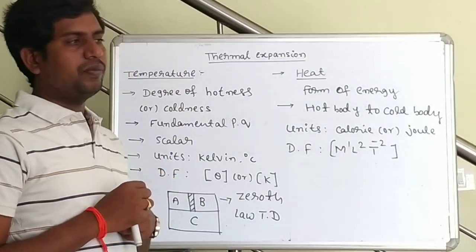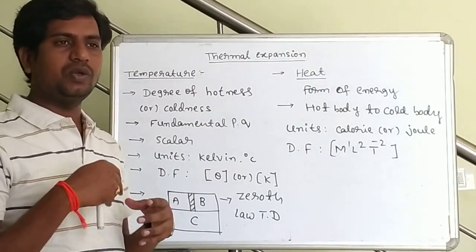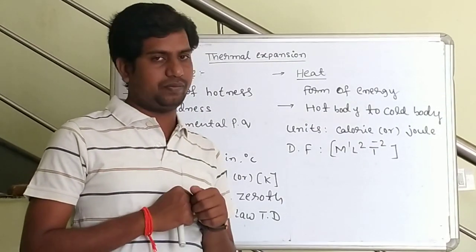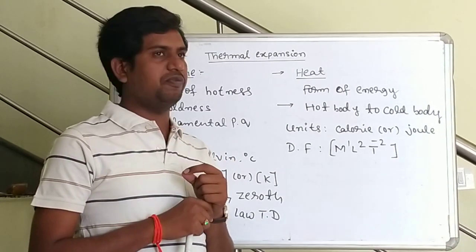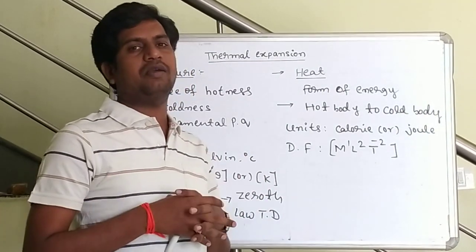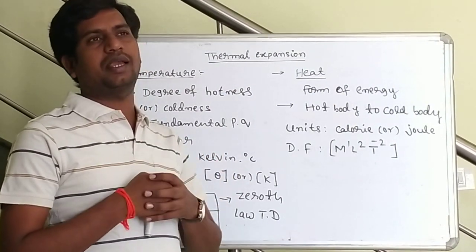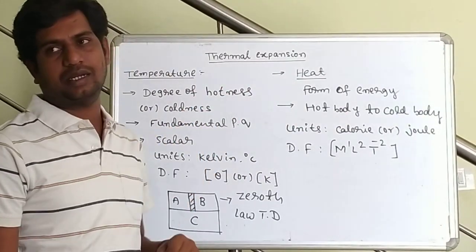So when the temperatures of two bodies are equal, we say they are in thermal equilibrium. If there is a temperature difference, there will be a flow of energy. The energy is exchanged between them, and that energy is called heat.